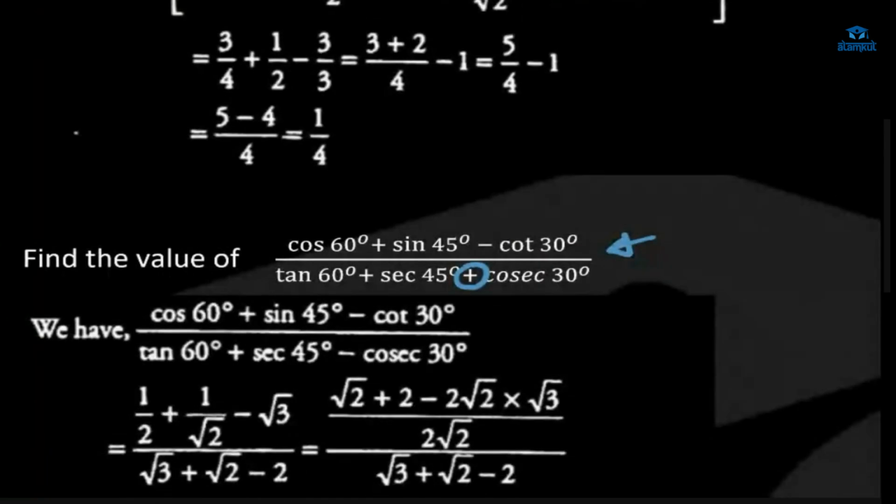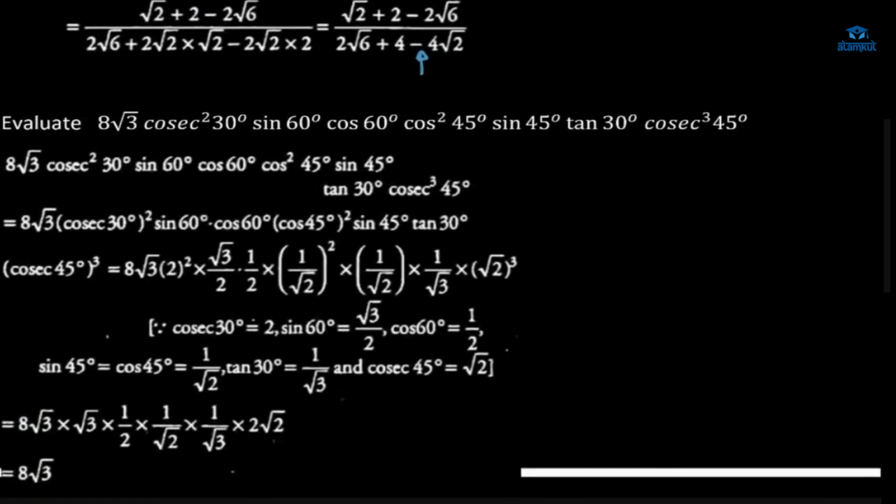Yes, ma'am. Now the third question is there. What were you people doing wrong in the question that we have done? Ma'am, I didn't take the LCM of the numerator. I just made the denominator multiple. Without taking the LCM, how could you solve it further? Ma'am, I took LCM as 2 instead of 2 root 2.